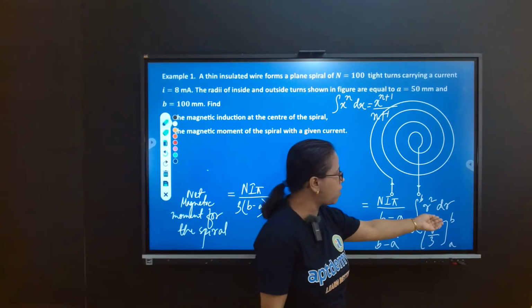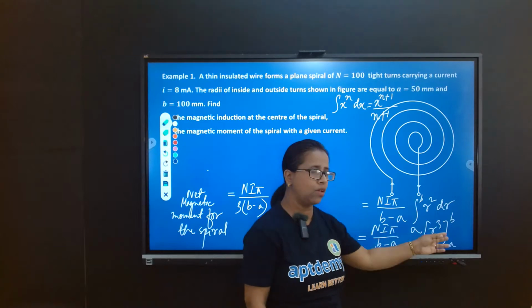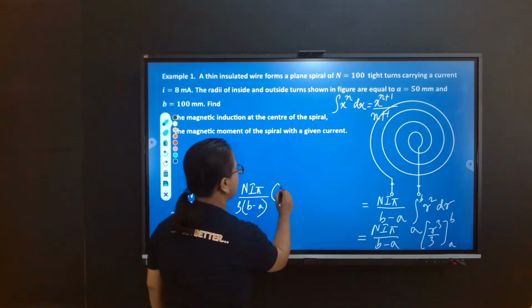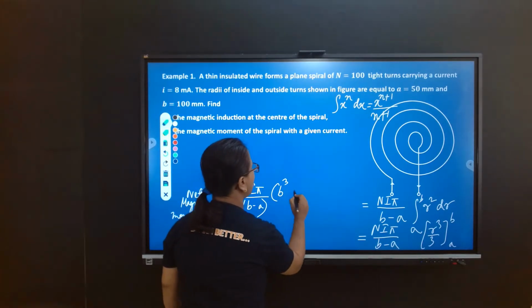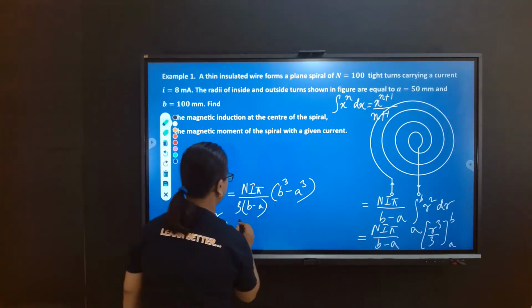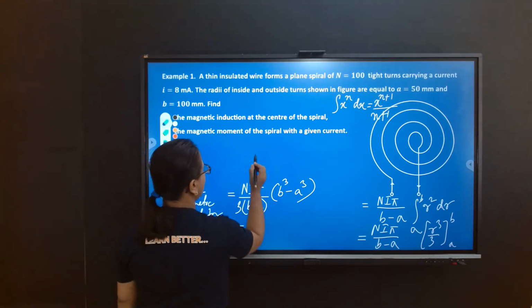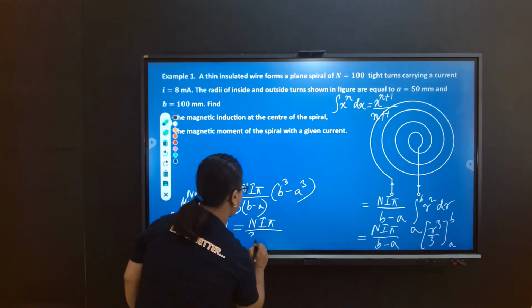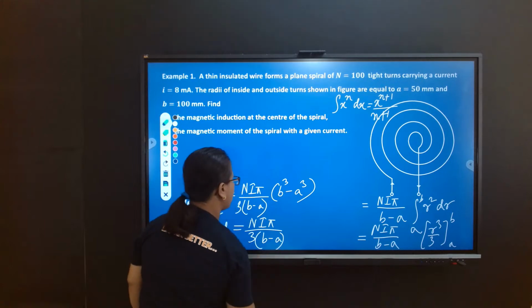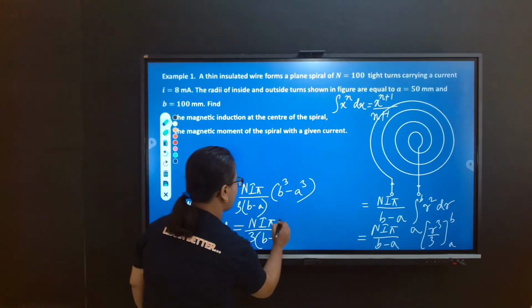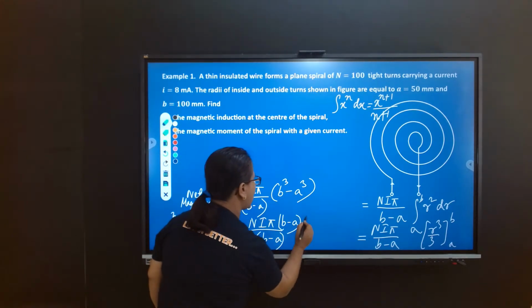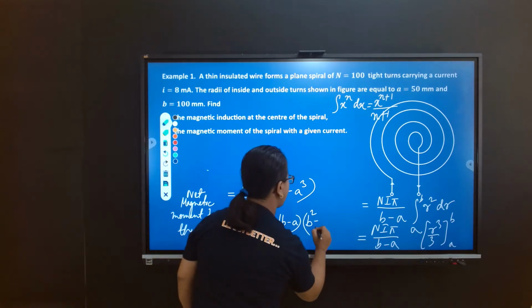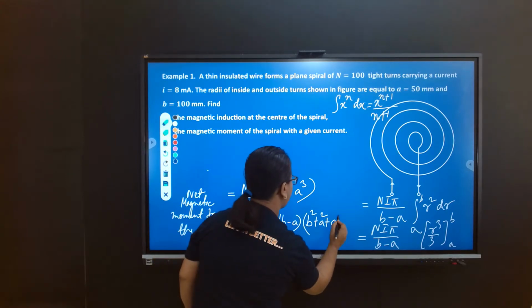Now, look at this. We have r cube and we need to put in the limits. So we put the upper limit first, that is b. We have b cube minus a cube. So working on this further, we know that b cube minus a cube may be written as b minus a times b square plus a square plus ab.